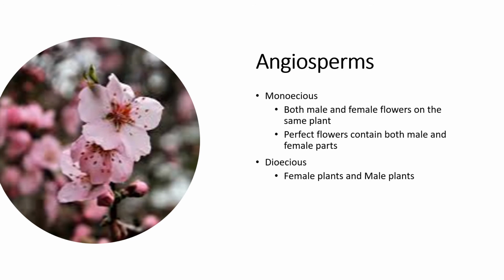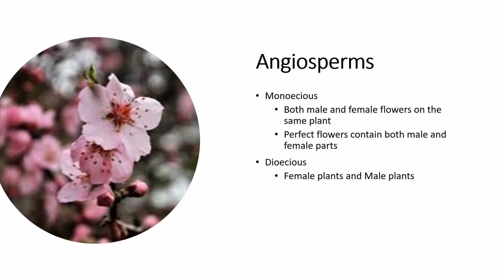Now, one other distinguishing characteristic for angiosperms is whether they are monoecious or dioecious. What that means is whether or not on the same plant they have both the male and female parts or flowers, or if it takes two different plants, one male and one female. With a monoecious plant, it's going to have both the male and female flowers on the same plant.